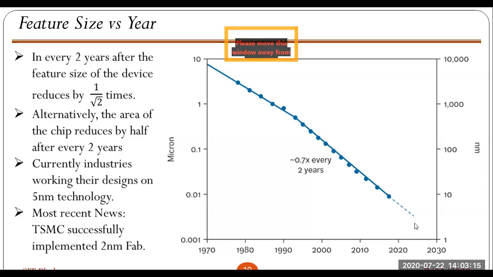The recent technology node, 2 nanometer, means the minimum gate length is 2 nanometer. From 5 micron to 2 nano, it is about 1,000 times lesser than what it was in 1978.